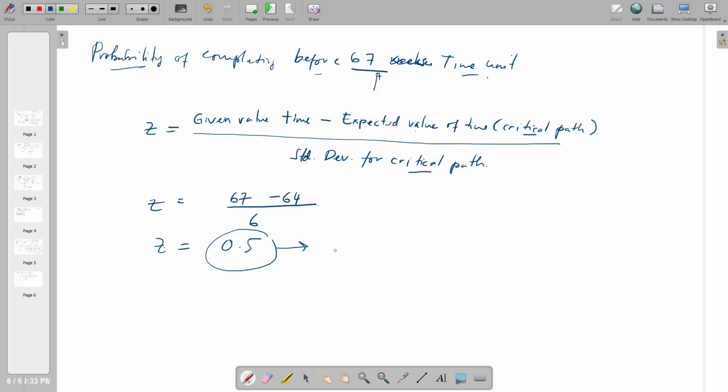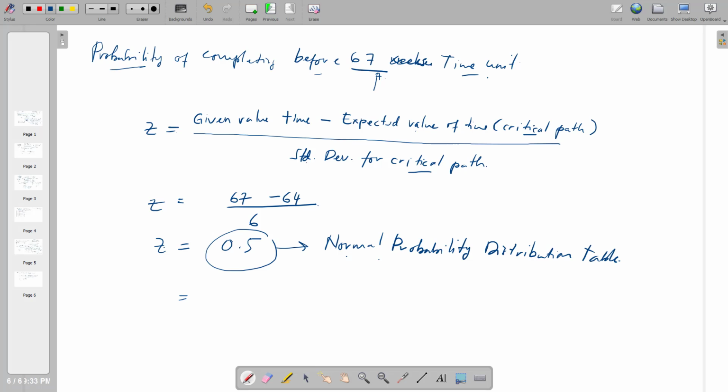What you have to do is to refer to the normal probability distribution table, and then check the value corresponding to z equal to 0.5.